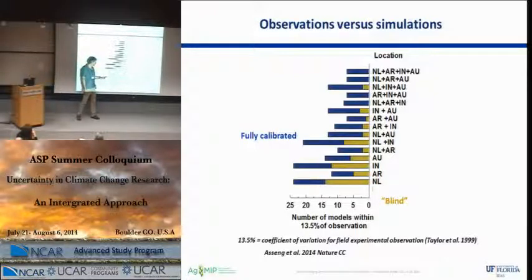How many models come below this threshold? Under a blind situation for the single location, you see they did much better for the higher yielding environments compared to, for instance, Argentina and Australia. Then we looked at numbers of models which did well in different locations, up to combining all.